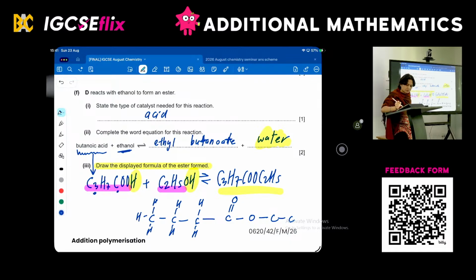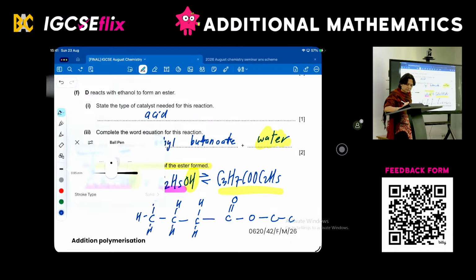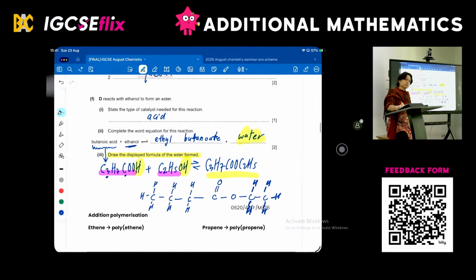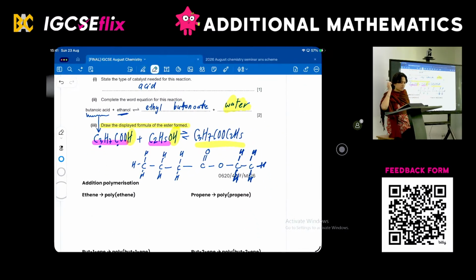Okay. Can you see? And so what is this part called? This part is called the ester link. COO. That links it together. It's called the ester link.